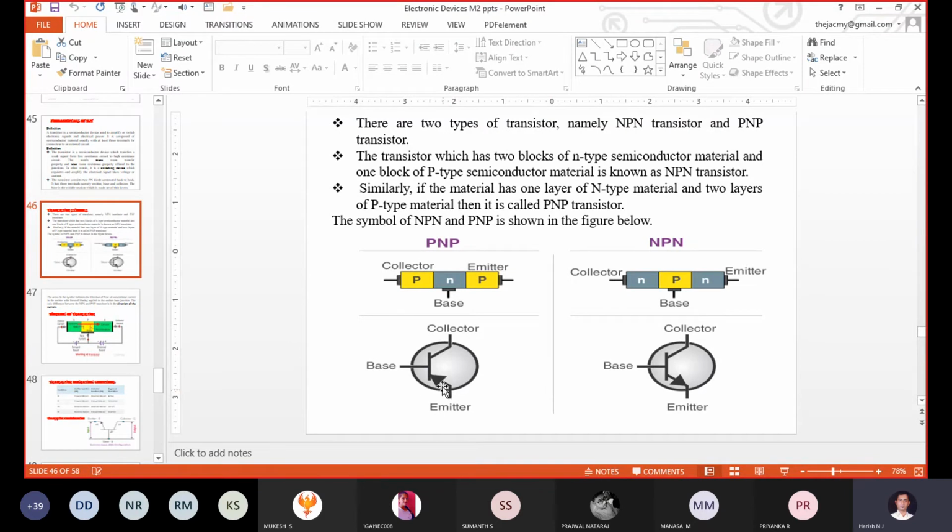In the emitter terminal we have a current arrow mark for both PNP and NPN. If the arrow mark is moving towards the network, that transistor is called a PNP transistor. If the arrow mark is moving out of the network, that arrow reference is used for representing the NPN transistor.